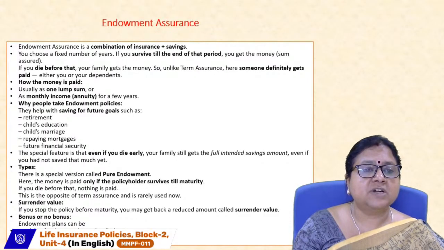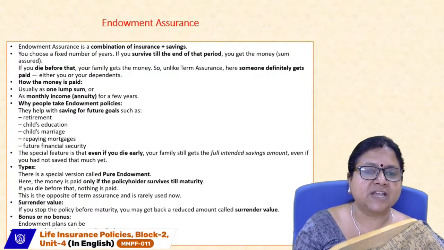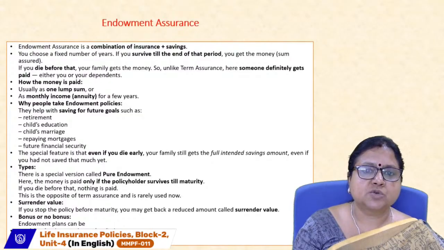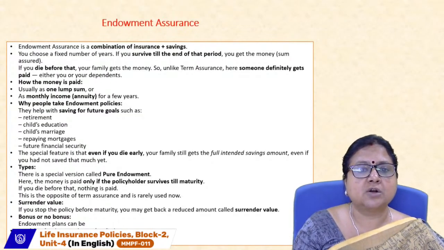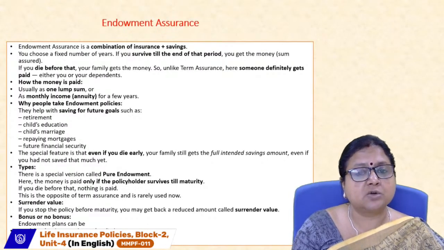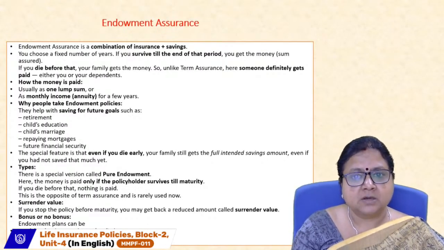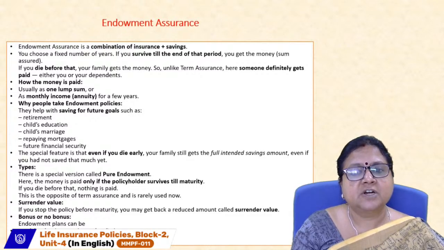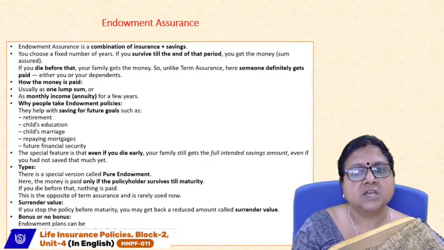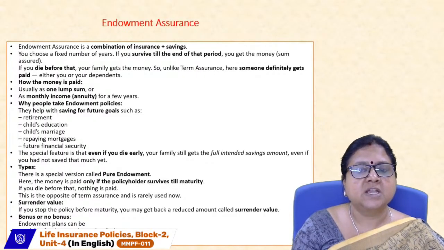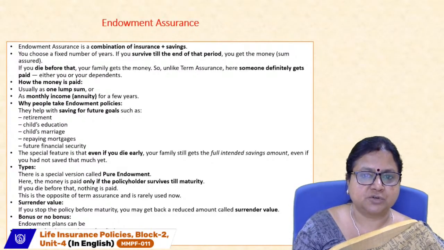But if you die before that, suppose you are dying before the age of 60, in term assurance you are not going to get the money back. But in case of endowment assurance, the dependent gets the money of the life assured.